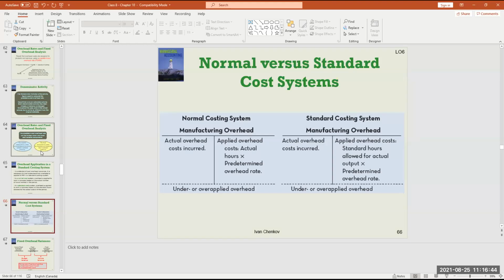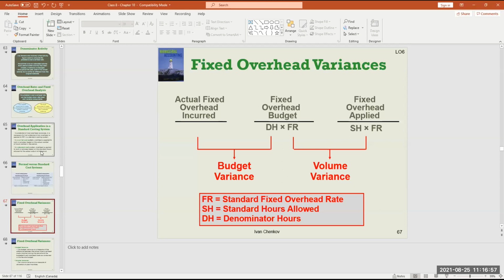Again, we can have two situations, when we have over-applied or under-applied manufacturing overhead. So in that case, for the fixed overhead, we're going to have a budget variance and a volume variance.